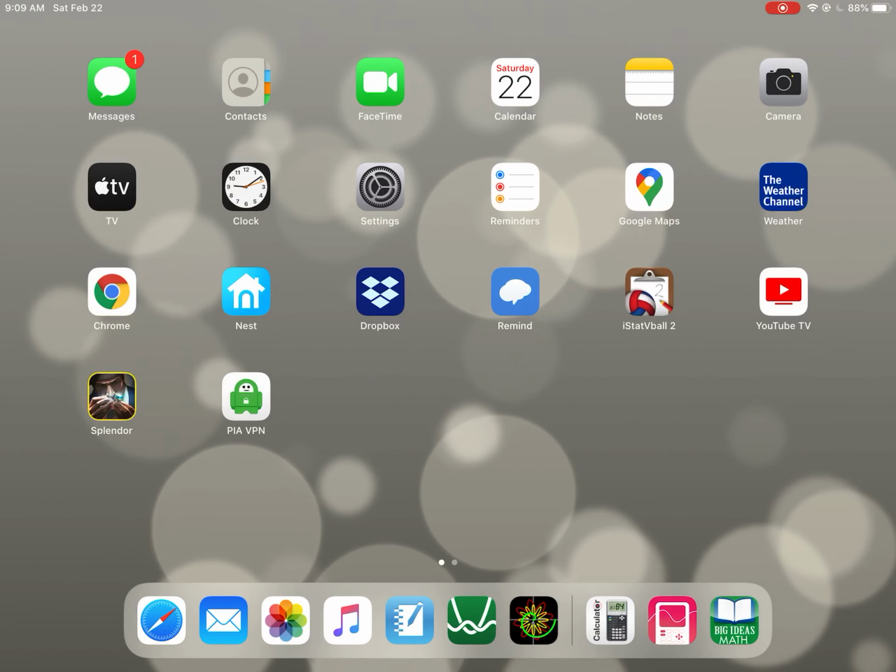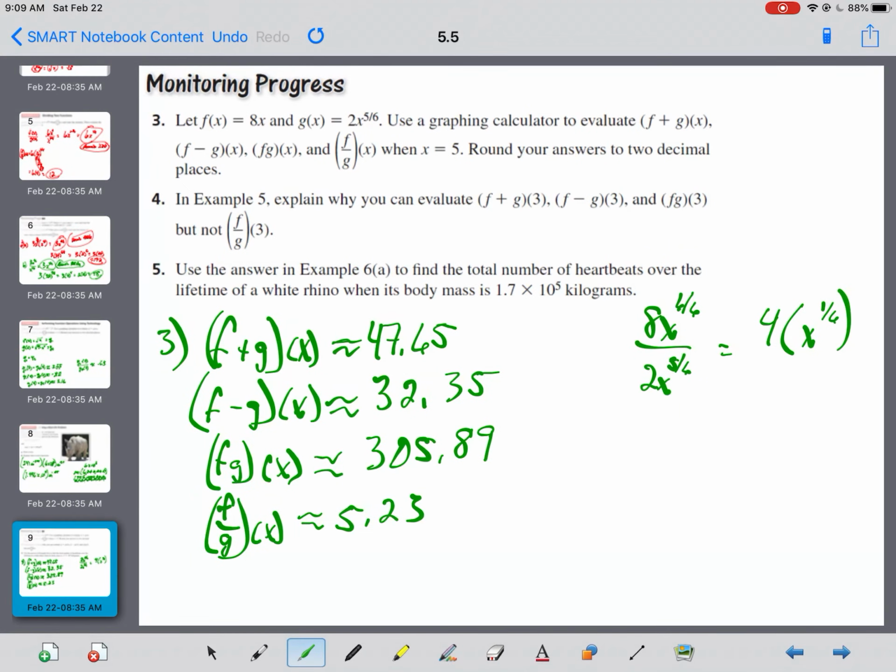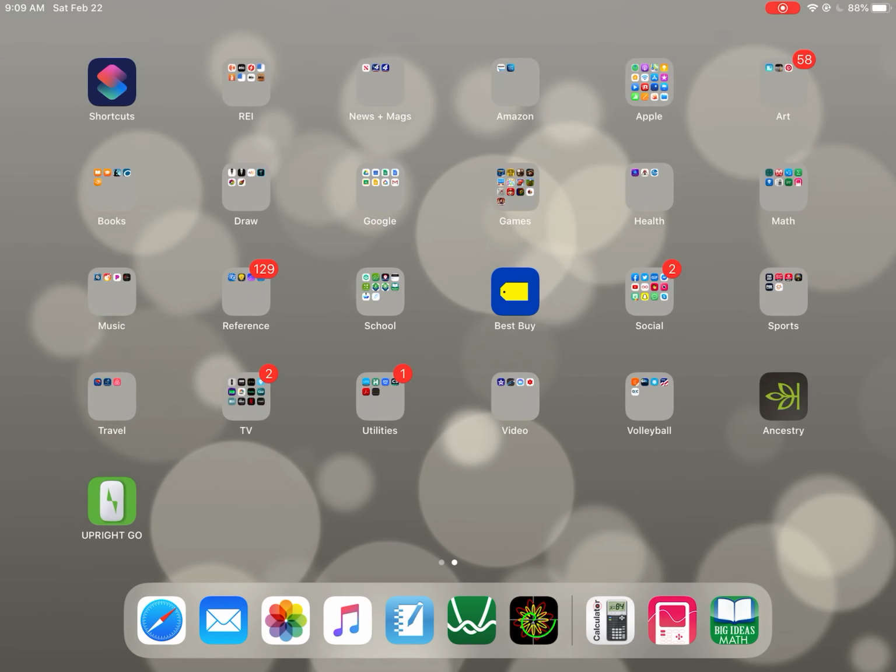Well, look at them. But why wouldn't we be able to evaluate for 3? I think you can evaluate for 3, because 3 doesn't get you a 0 in the bottom, so that's not a problem. I say you can, but we'll see. I know where I can look.